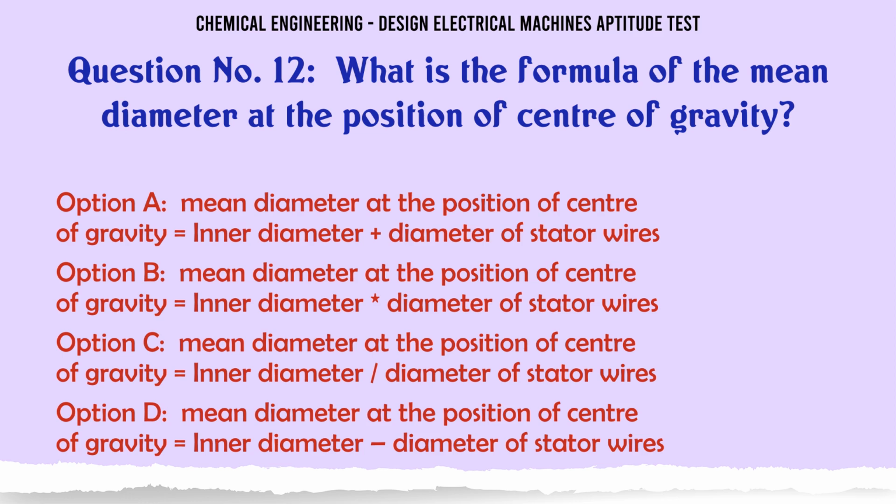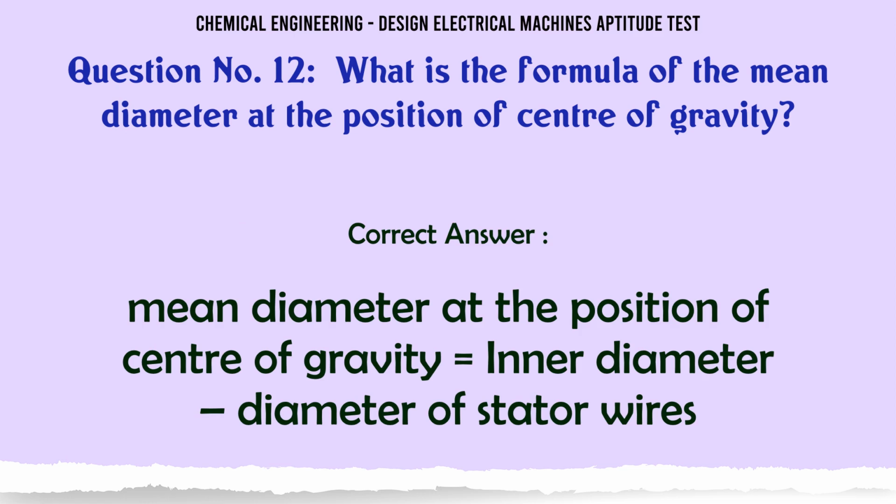C. Mean diameter at the position of center of gravity, inner diameter of stator wires. D. Mean diameter at the position of center of gravity, inner diameter of stator wires. The correct answer is mean diameter at the position of center of gravity, inner diameter of stator wires.